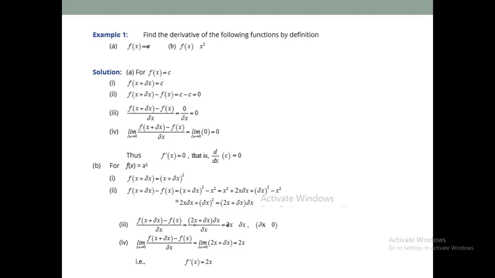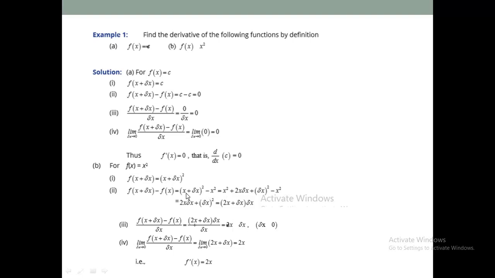Now in another question we have x square. We replace x by x plus delta x, then we subtract left from left and right from right, and simplify the right side.